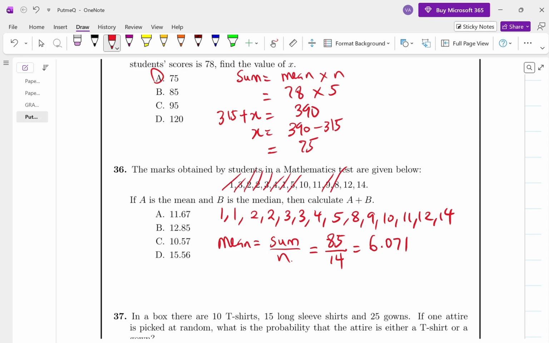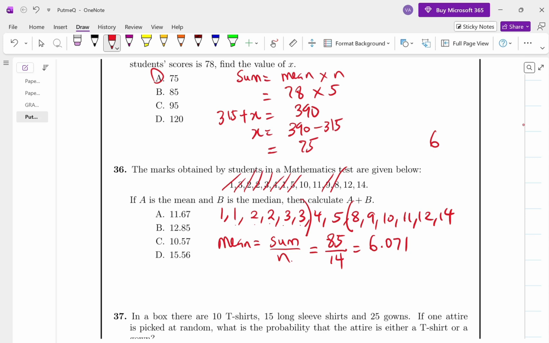Now the median, since there are 14 numbers, if we divide it by 2, we're going to get 7. But if we count to the 7th term, there will be no number in the middle. So let's count only 6 terms. So 1, 2, 3, 4, 5, 6. 1, 2, 3, 4, 5, 6 from the back. So you see there's 4 and 5 in the middle. If I had counted 7, there will be no number in the middle.